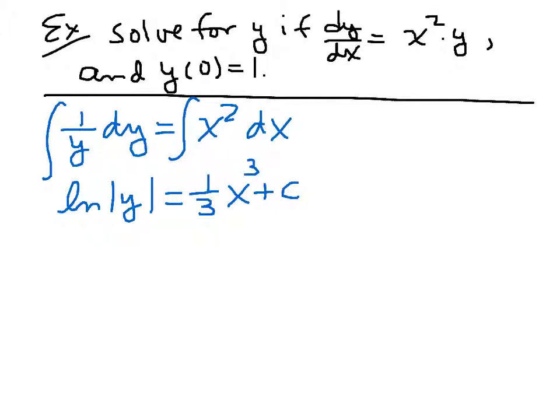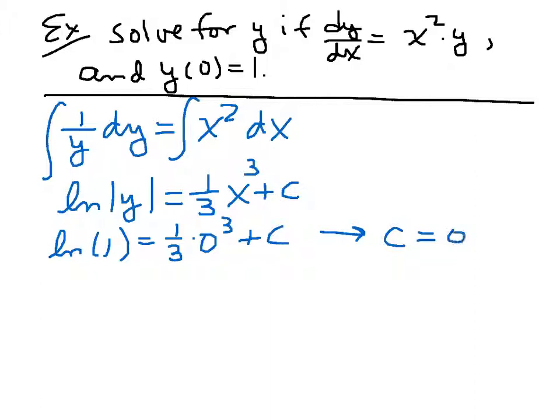Now remember that when x is 0, y is 1. So I make that substitution, and I get the ln of 1 is equal to 1/3 times 0 cubed plus c, and you know that the ln of 1 is 0, so this implies that c is 0.